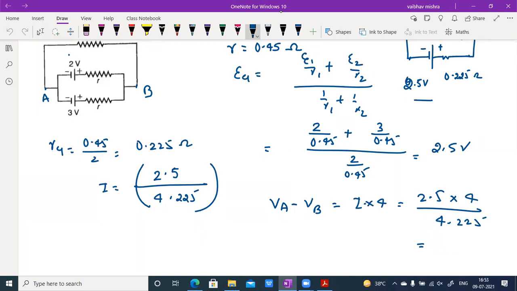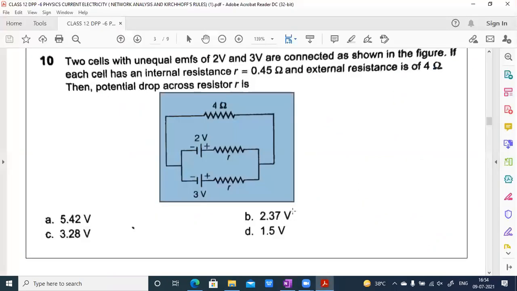How much will it come to? Solve. 10 divided by 4.225. How much is that? 2.37.